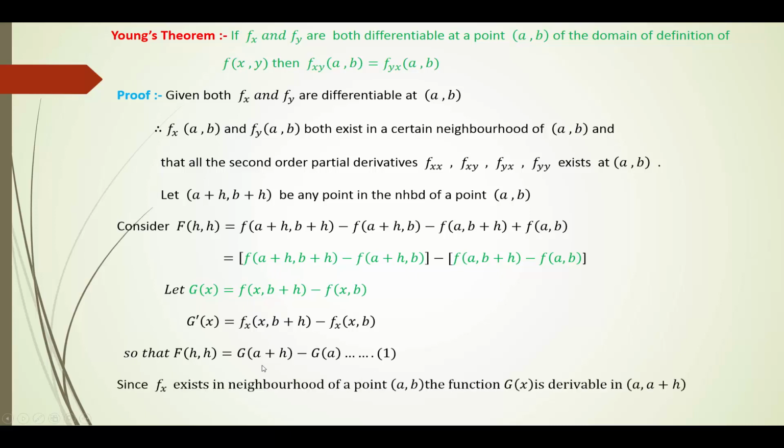Now function g satisfies all the conditions of the mean value theorem. Since fx exists in a neighborhood of (a, b), function g is derivable in [a, a+h]. Also function g is continuous there, so all the conditions of Lagrange's mean value theorem are satisfied.